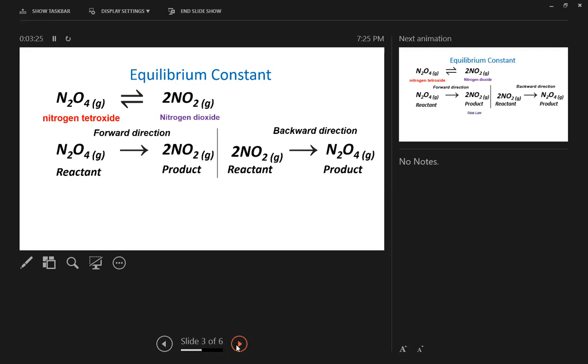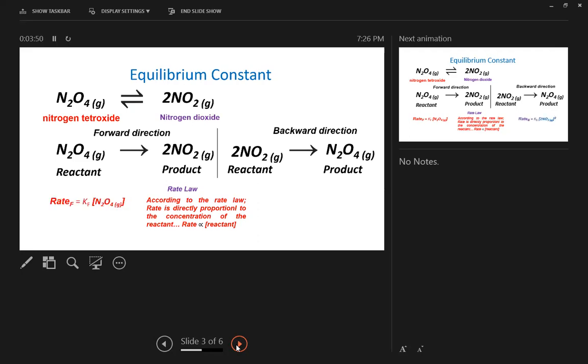So you can see there is a reversal between the two processes. According to the rate law we've been taught previously, the rate is directly proportional to the concentration of the reactant. Note, the rate is directly proportional to the concentration of the reactant.